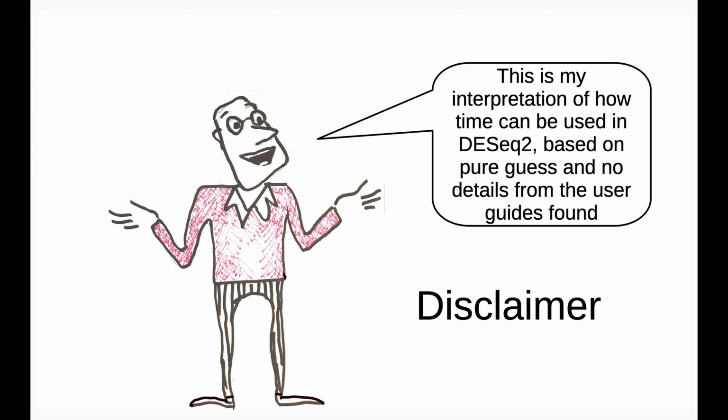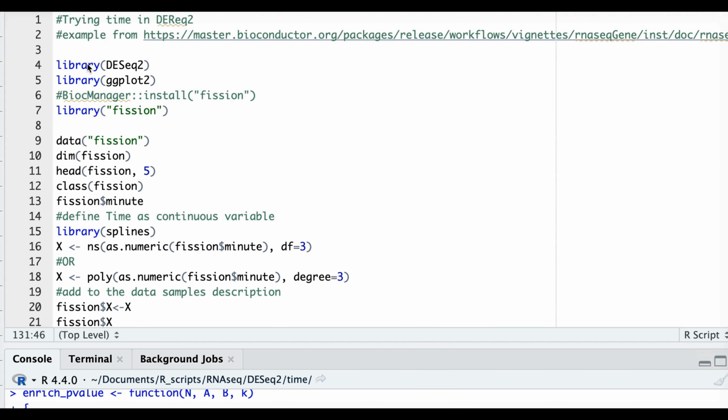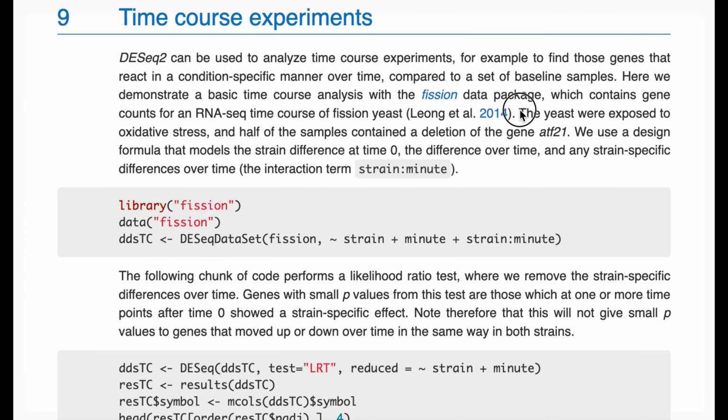Be aware that here it's quite a bit of a guessing game. First lines are as usual. We import necessary tools and the data. The whole story is briefly explained here, that it's about yeasts which were exposed to oxidative stress, and half of the samples belong to the mutant in a gene ATF21, and then for every time point there were 3 measurements taken in the mutant case and the control case.